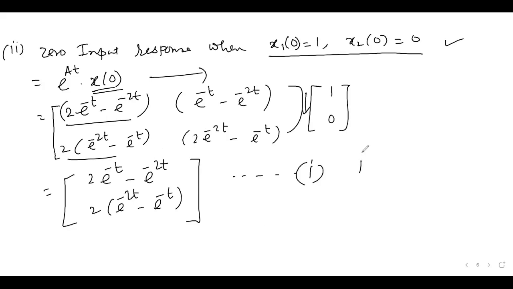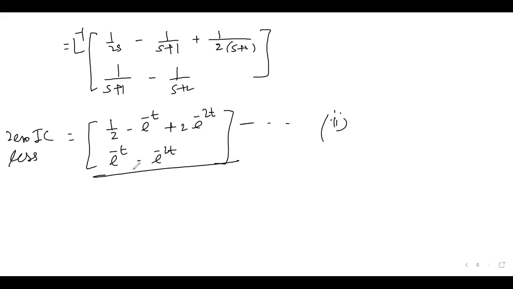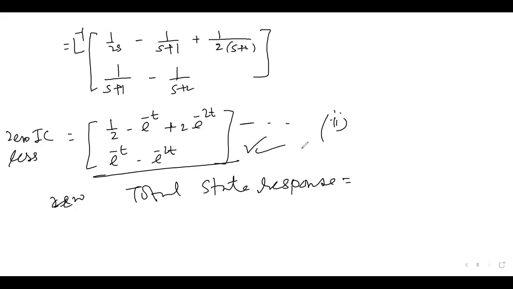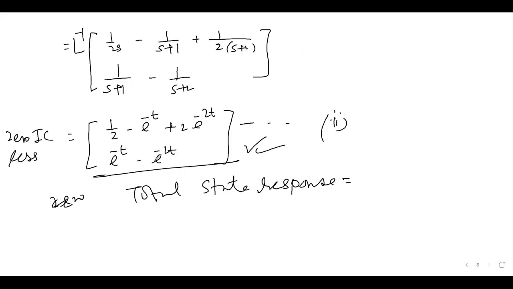Addition of 1 and 2, this matrix plus this matrix. So you will get the total state response. Okay, the addition of this matrix with this zero input response, we know total response equals response due to initial condition plus response due to input.